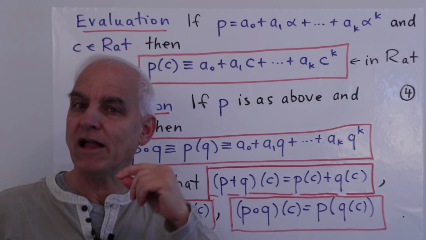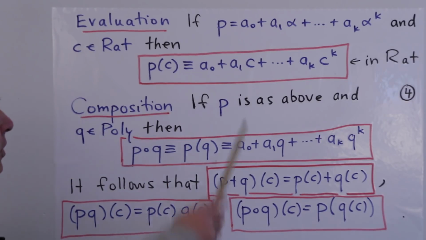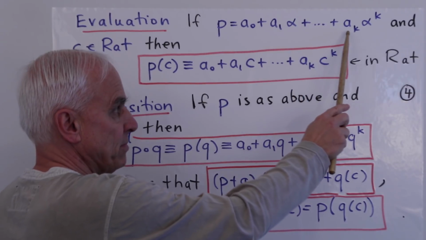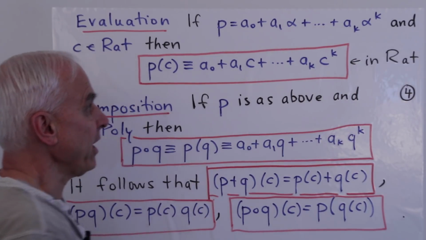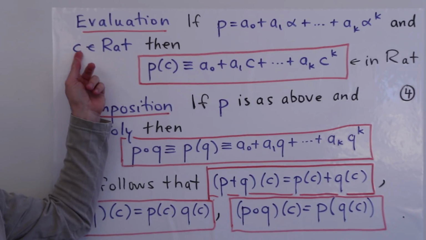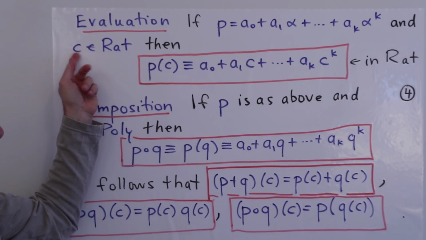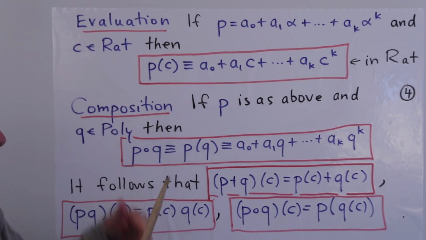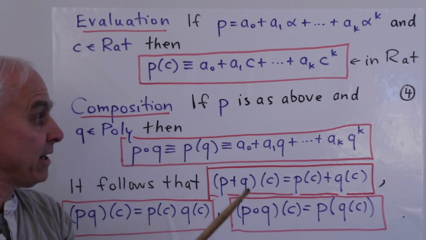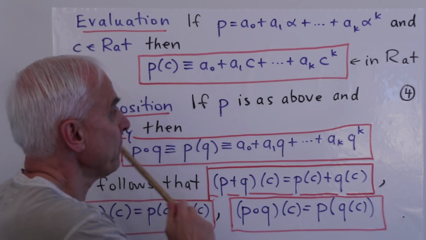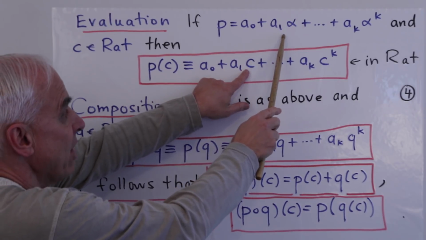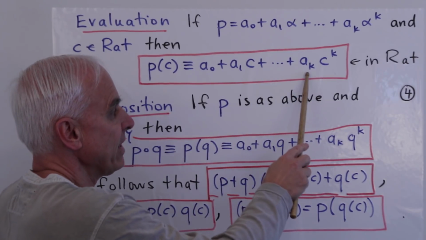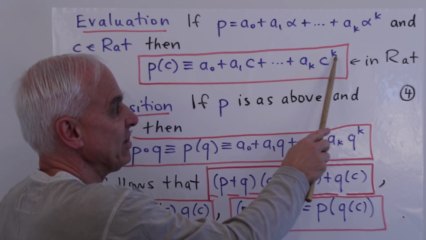Okay, so now let's look at evaluation of a polynumber. So if p is this polynumber here, a0 plus a1 alpha all the way up to a k alpha to the k, and c is a number, which for us usually means a rational number, then we will define p of c, the evaluation of p at c, to be this number here, a0 plus a1 times c plus a2 times c squared, and so on up to ak times c to the k.